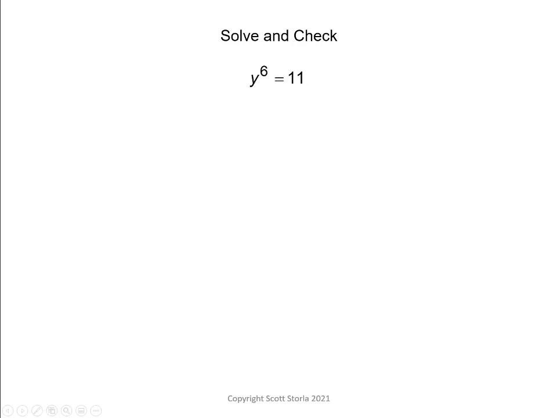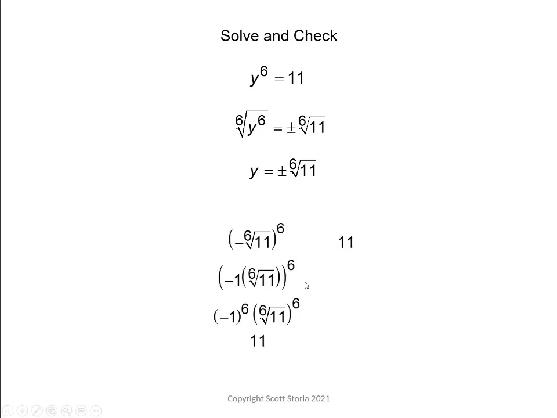How about here? Since my exponent's a 6, I want an index of 6 when I take the root of both sides. Because I have an even exponent, I'll need to include both of my answers. I'll simplify and then check. Again, I'm just going to check one of the two.